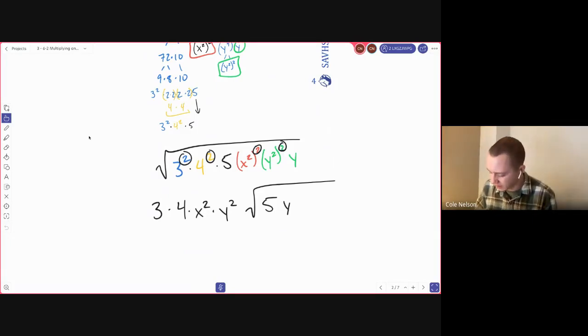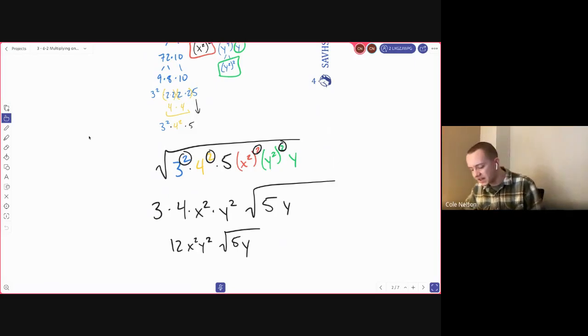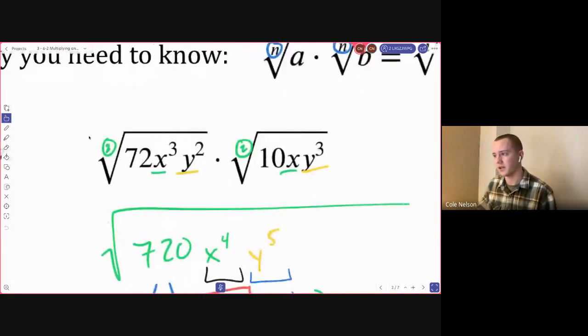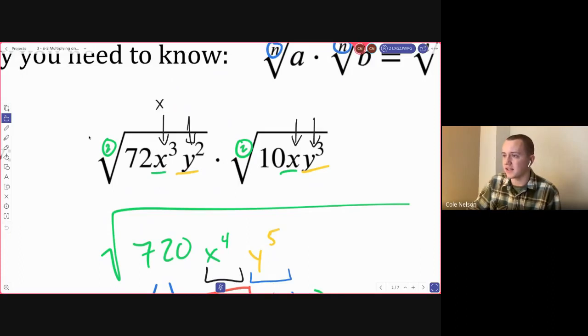Now we just need a little simplifying. We just have to say, well, 3 times 4 is 12. And again, let's think about, okay, do we need any restrictions on what x and y are? And this is a little bit weird here because we have to go back to the very beginning of the problem right up here. If you look at each of these individual pieces, here, I can't put in anything that's negative.